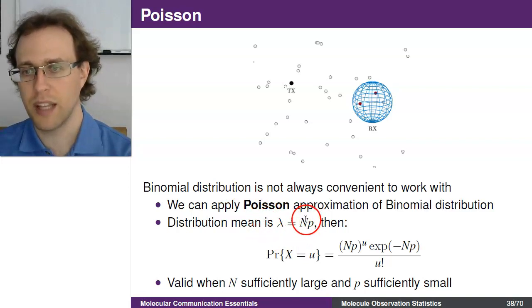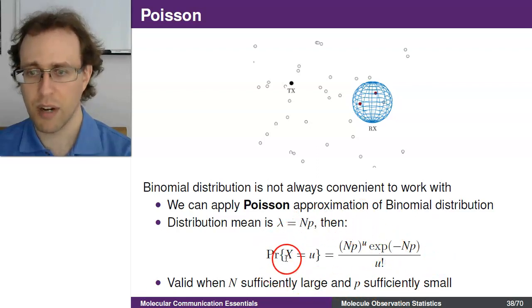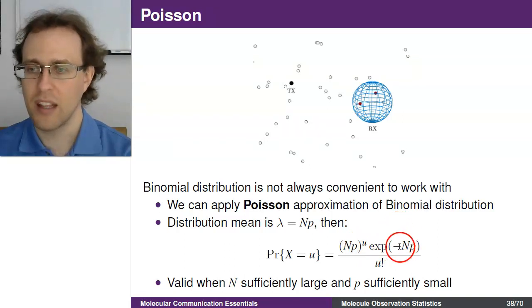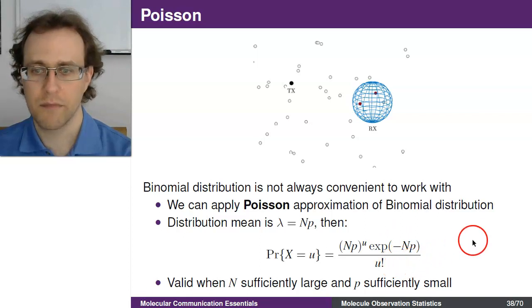So lambda is equal to n times p, and then we can just apply the Poisson PMF. The probability that our number of observed molecules is equal to u will be n times p to the power of u multiplied by e to the minus n times p, all divided by u factorial.